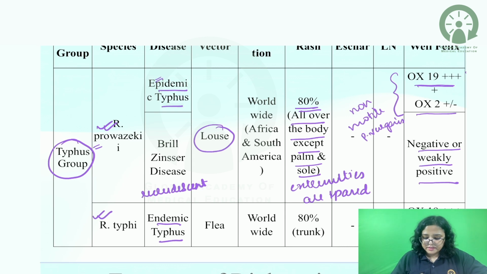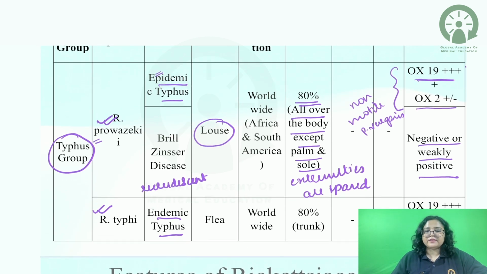Now about Rickettsia typhi, it is the second variety of the typhus group. So here to remember, I will give you the mnemonic ENT from endemic and typhi.